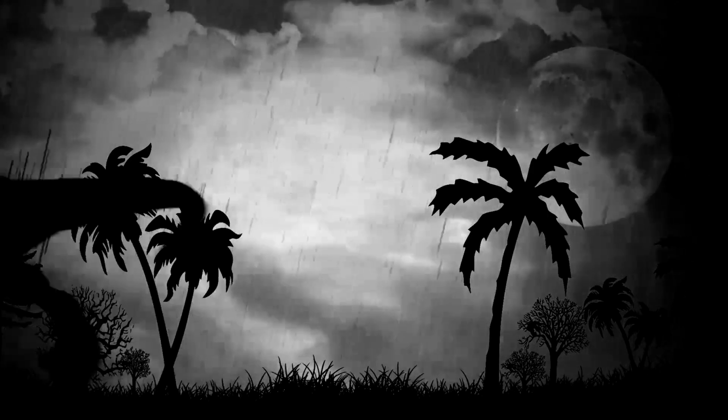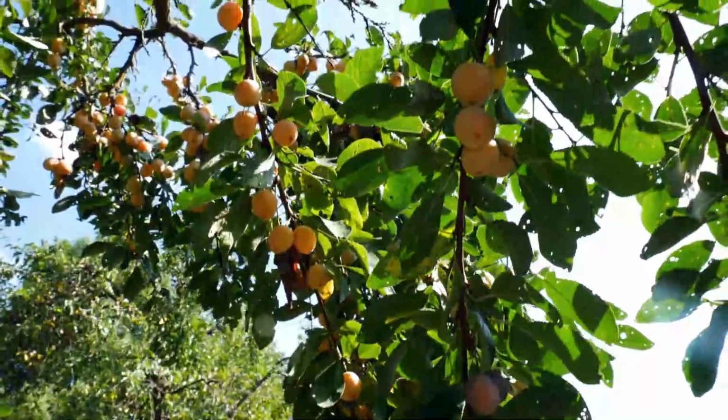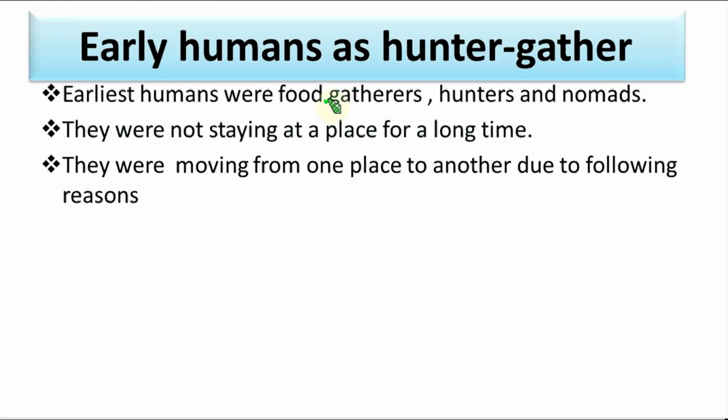Earliest humans were moving from one place to another in search of food, water, or shelter. Overall, we can say that human beings were leading at that time the life of gatherers, hunters, and nomads.